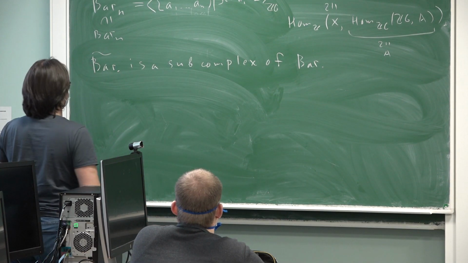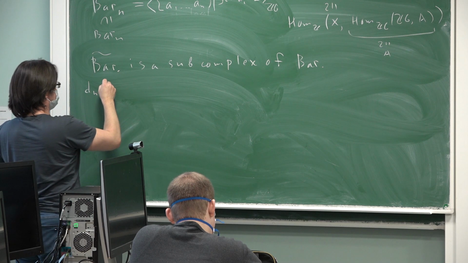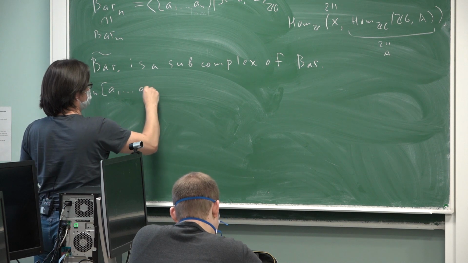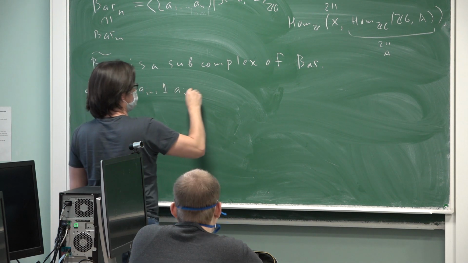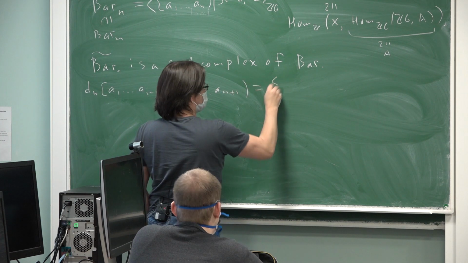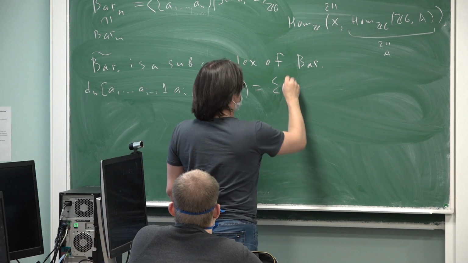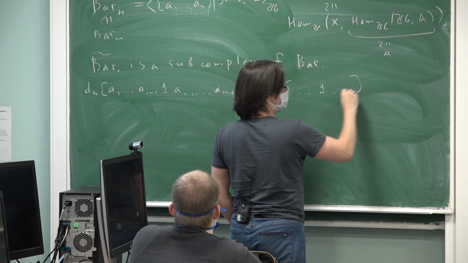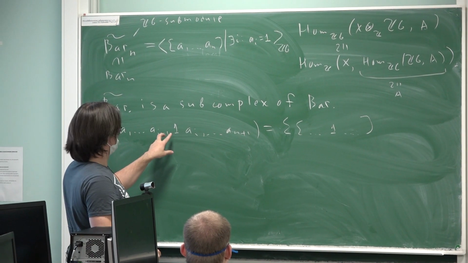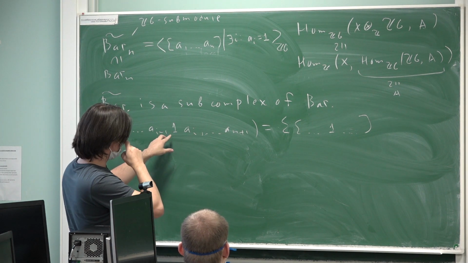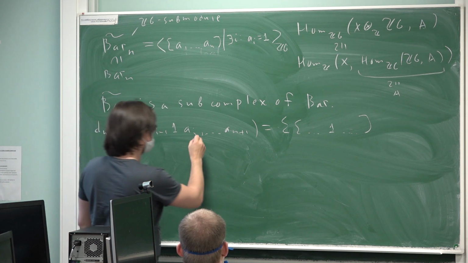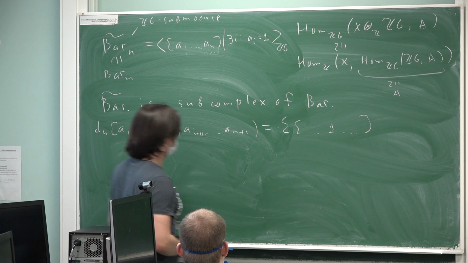because when you apply dn to an element of the form a1, and so on, a(i-1), 1, a(i+1), and so on, a(n+1), you get some big sum where you have 1 in place, and only two summands have another thing, exactly for i minus 1 and for i.